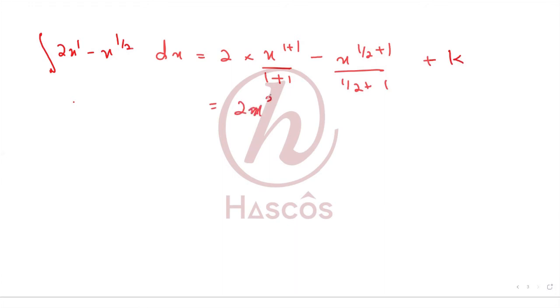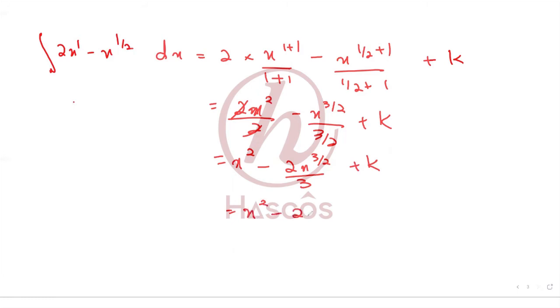It becomes 2x squared over 2 minus x to the power 3 upon 2 over 3 upon 2 plus k. The 2 gets cancelled out, it becomes x squared, minus 2x to the power 3 over 2 over 3, plus k. We can write this as x squared minus 2 under root x cubed over 3 plus k. This is how we integrate certain different complex questions.